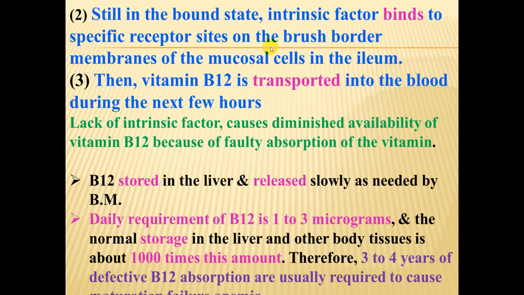Still in the bound state, intrinsic factor binds with special receptors on the brush border of the intestine in the membrane. Where will this process be? In the ileum, the receptors are located in the ileum.